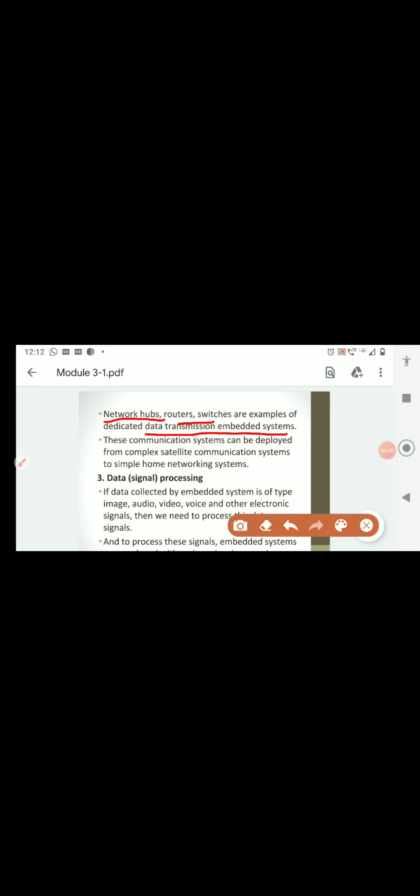embedded systems. So if you consider any networking system, these are the minimum requirements: network hubs, routers, switches are examples of the dedicated data transmission embedded systems.